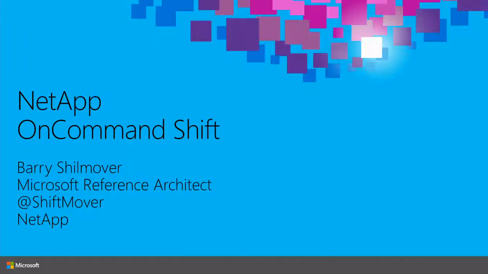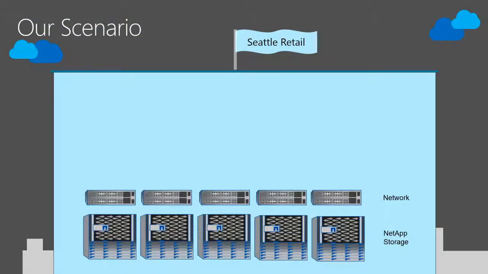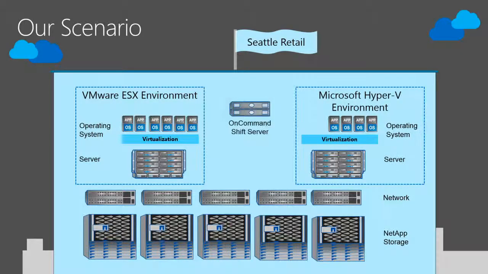Okay, so real quick, let's go through and look at what the solution does. This is our environment. We have NetApp controllers underneath. We have our network environment, ESX on the left, Hyper-V on the right, and we have a new tool that we announced this week called OnCommand Shift. It's built on technology we've had for a while. I'll talk about that.